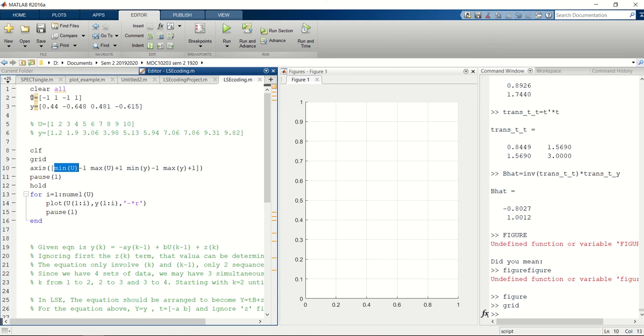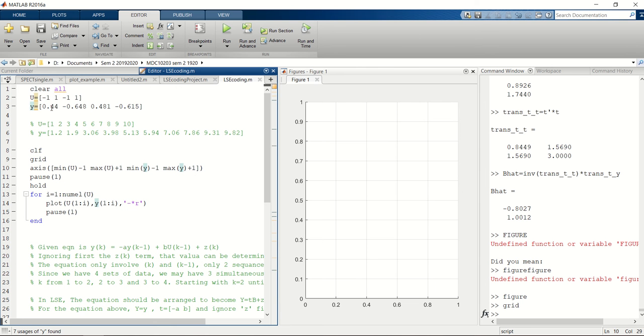We have this u, so the minimum value of this is -1, and then I minus 1, so that we have some tolerance on the graph. Same goes for the maximum. For max u, the maximum value of this is 1, and then I add one. So the maximum of the x-axis will be 2, and then this is the minimum of the y-axis. So see, min y.